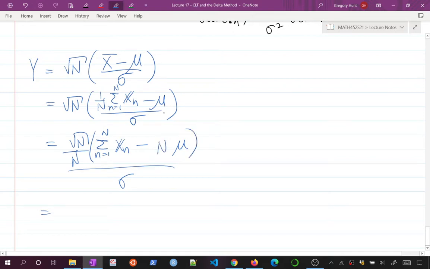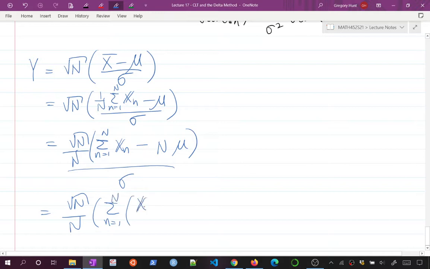So let's not distribute through that root n. Okay, so let's just say y is this thing, which we just expand out. And I can factor out this 1 over n. That's probably easier. And I get the sum of the xn's minus n mu. Now, for the sum of the xn's minus n mu, I can bring that mu into this thing. So that would be root n over n times the sum. Certainly I can bring my sigma in that sum. And I can bring my mu in too, except I drop my n.